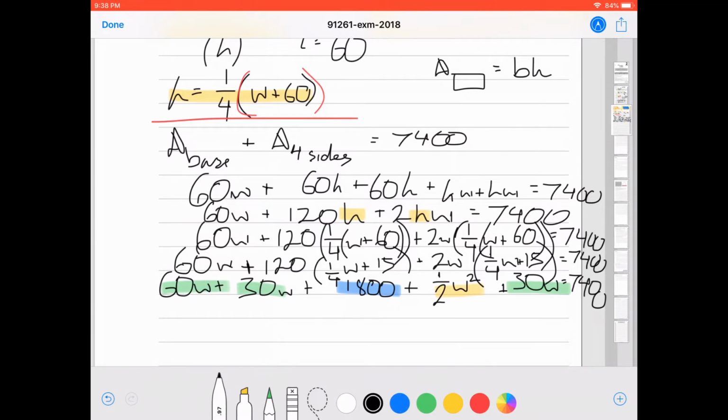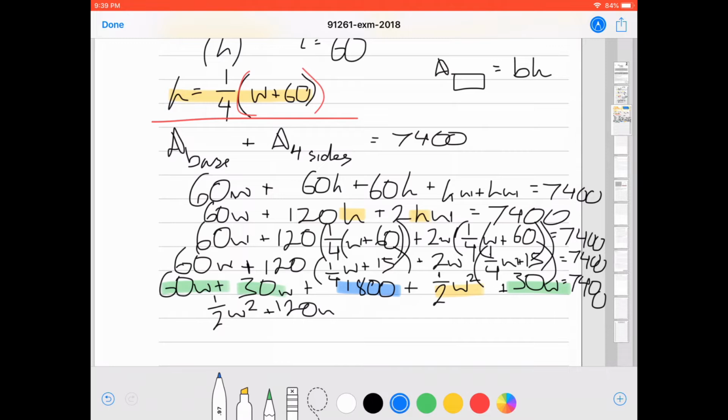So let's just tidy all this up. At the same time, we can put it in ax squared plus bx plus c form, which is the quadratic equivalent in terms of x. We're going to say half w squared plus 60 plus 30 is 90, plus 30 is 120w, and then 1,800.